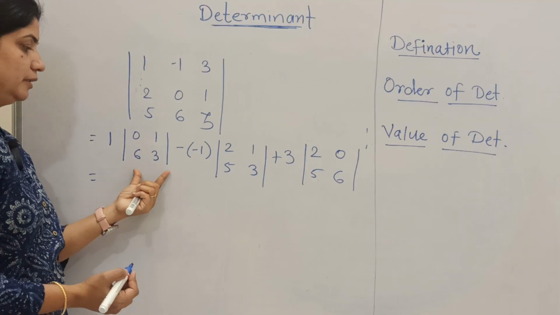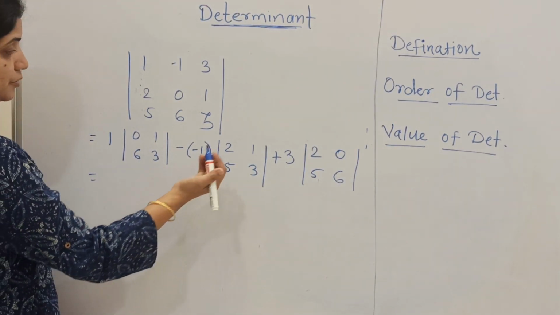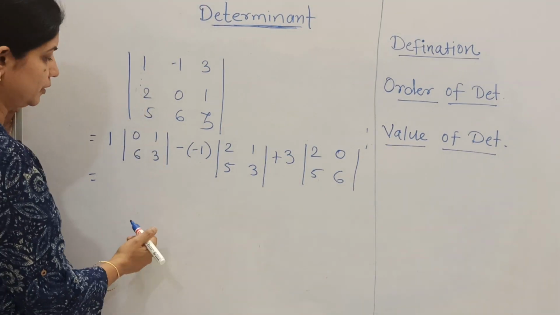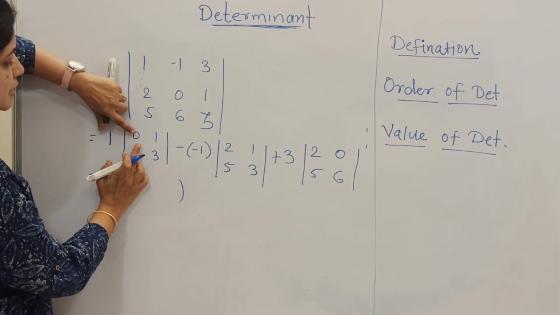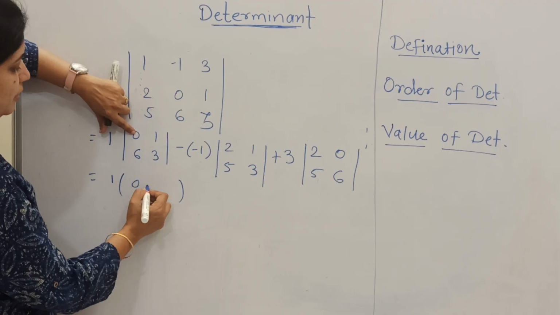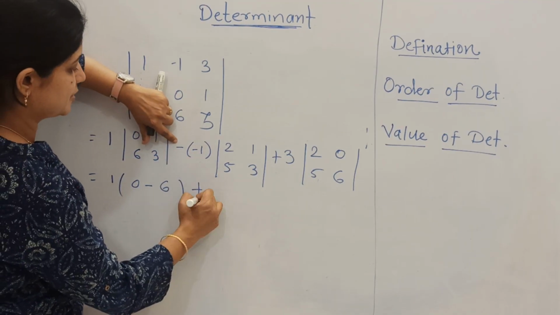See here, these all are determinants of order 2, and we have just studied the value of a determinant of order 2. So this is 1. Now make the product first of diagonal elements. So it is 0 minus 6 into 1, which is 6. So it is minus minus plus.